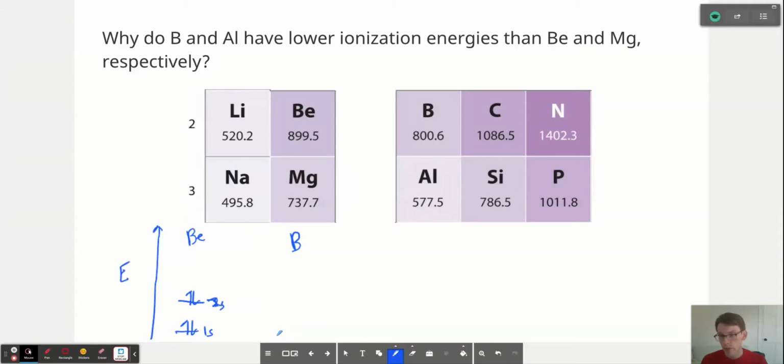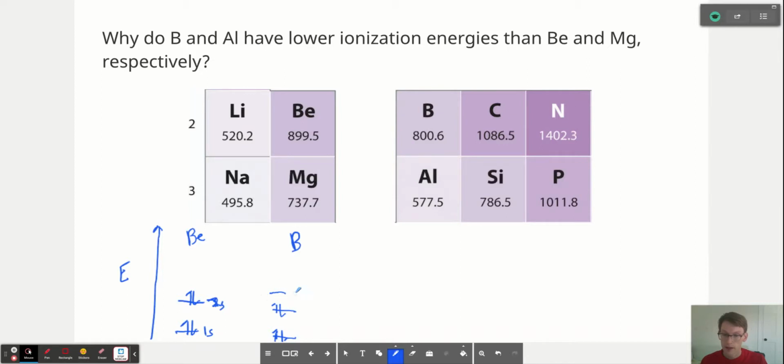I'm actually going to draw the 1s slightly lower, since it's true that boron does have one more proton in its nucleus, and that will make the 1s a little bit lower in energy because the electrons are being held a little bit more tightly by that nuclear charge, with one more proton for boron than for beryllium.